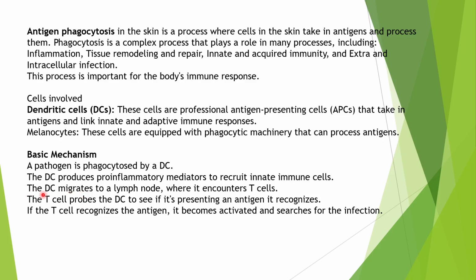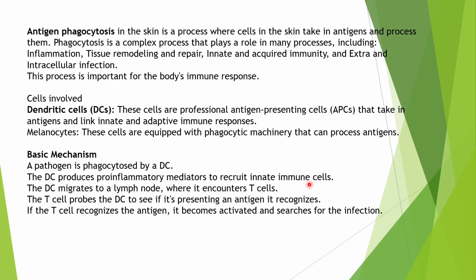Then the dendritic cell migrates to a lymph node where it encounters T cells. The T cell probes the DC cell to see if it is presenting an antigen it recognizes. If the T cell recognizes the antigen, it becomes activated and then searches for infection. So, as I said, this is basically like an informer.